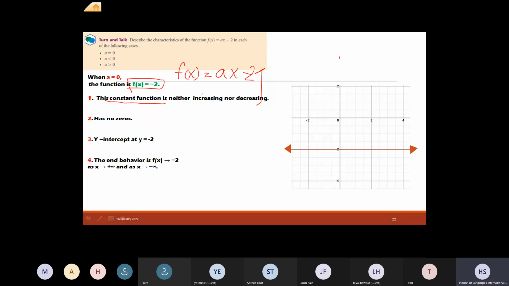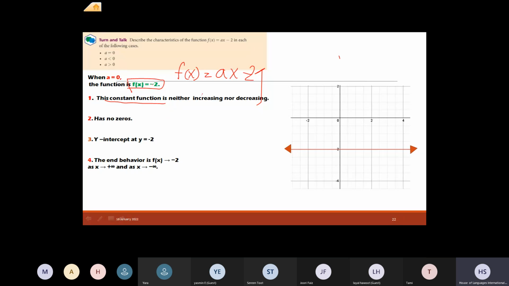When x goes to negative infinity, no, not infinity.